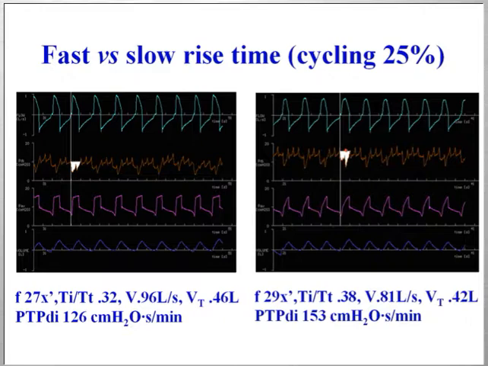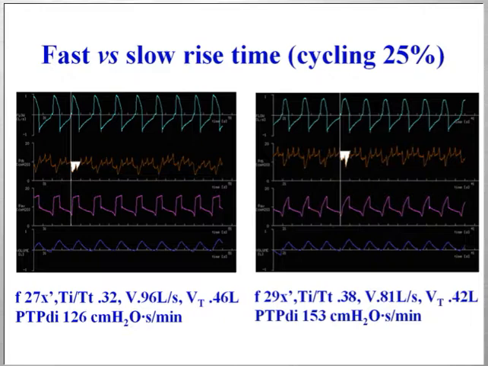And this would be a very low pressurization rate, where you see that after triggering, the peak inspiratory flow happens some milliseconds later in comparison with this previous one to your left. And again, here you can see how the airway pressure profile is very different in comparison to this one to your left.